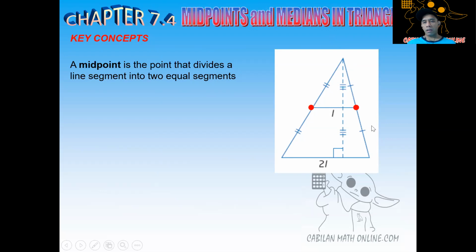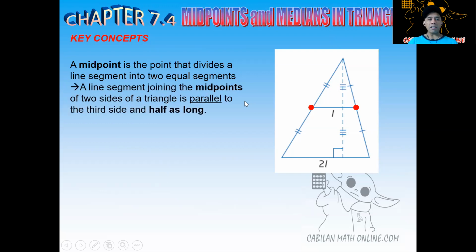By the same token, on the right side we have another midpoint, which is the middle point of this line segment, and these two sides, the ones with the one dash, will be the same length. There's also a relationship between this line going from left to right and the very bottom line.